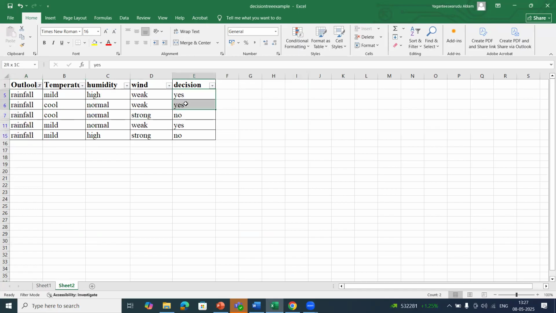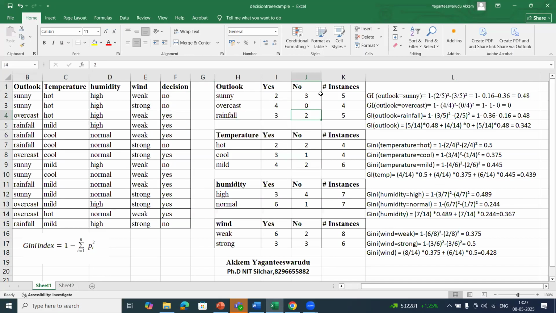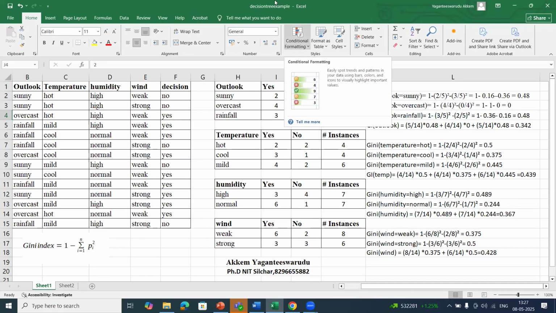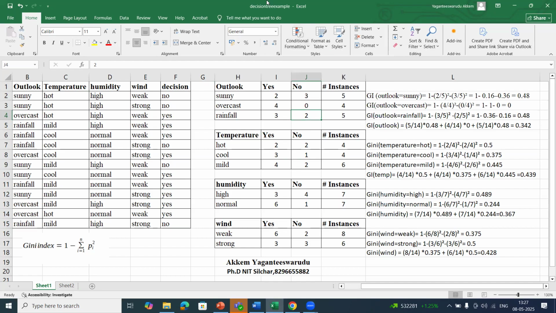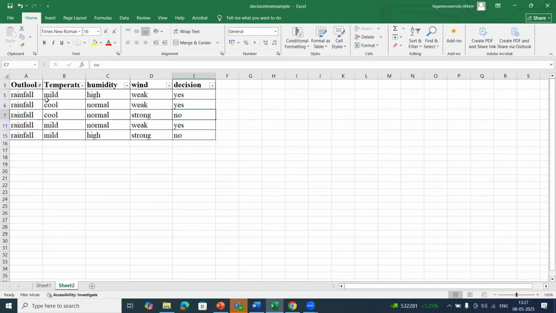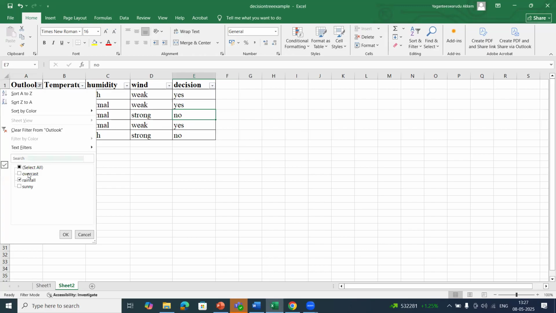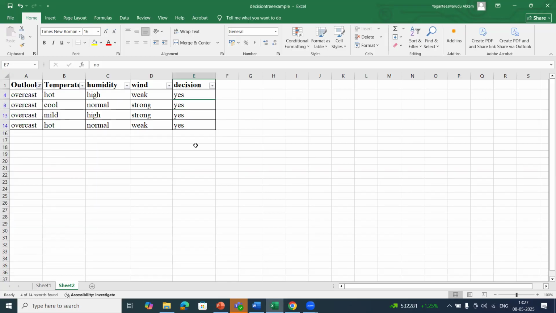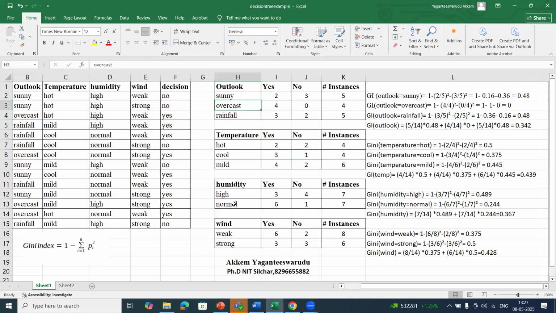And out of that, 3 yes and 2 no. So I just listed how many values for yes and how many values for no, for that particular feature and that particular input. And similarly for overcast, if I filter for overcast, see here, 4 yes and 0 no. 4 yes and 0 no.